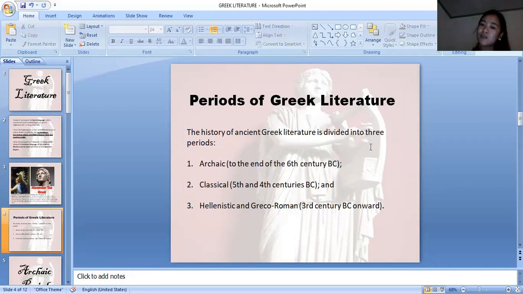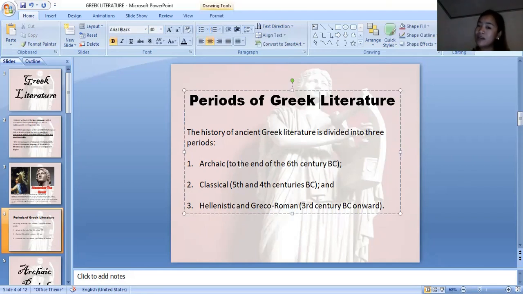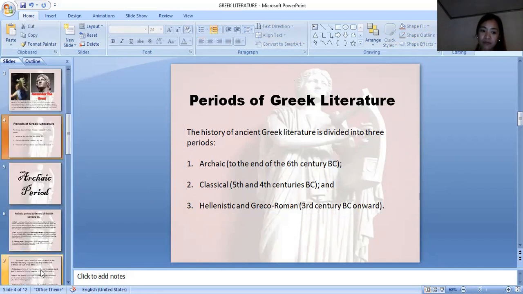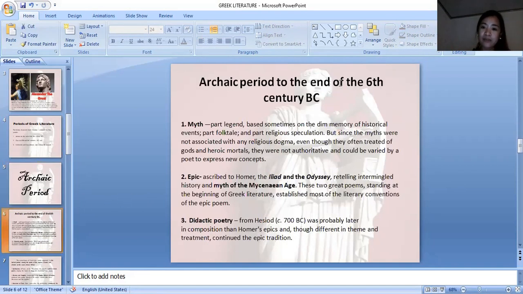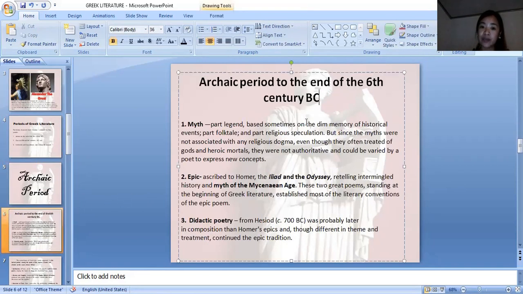Let's move. So the periods of Greek literature, we have the archaic, the classical, the Hellenistic and Greco-Roman. Pero I just want to focus only on the archaic and classical. Hindi na natin i-discuss itong Hellenistic. All right. Let's move with the archaic period, to the end of the 6th century.